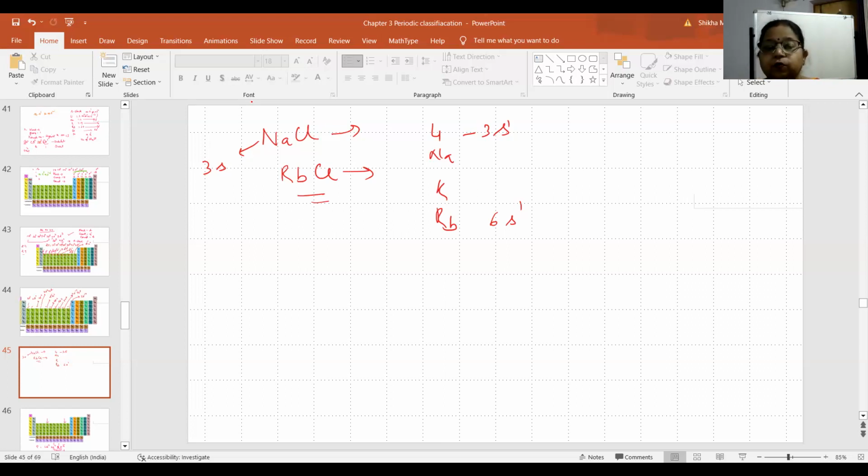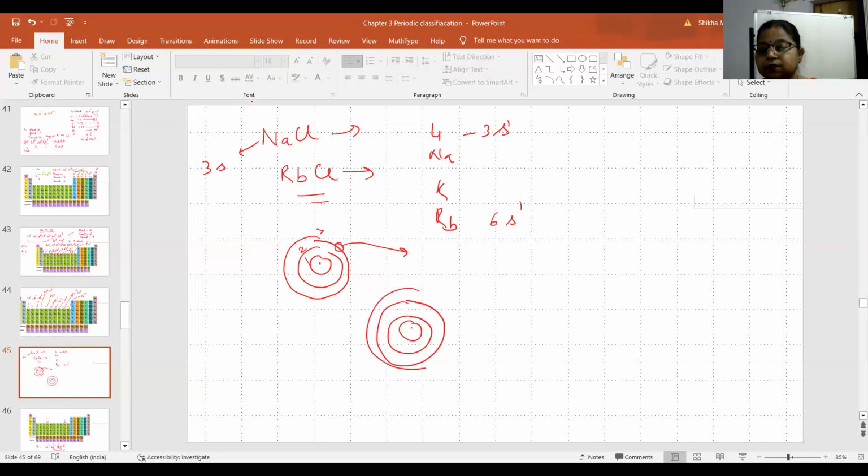For sodium, you used to draw 3 circles: first orbit, second orbit, and third orbit, and then you say 1 electron is given to chlorine. But here, if you know its position in the periodic table, you will smartly draw circles for each orbit, and then you will say 1 electron will go from here to chlorine.